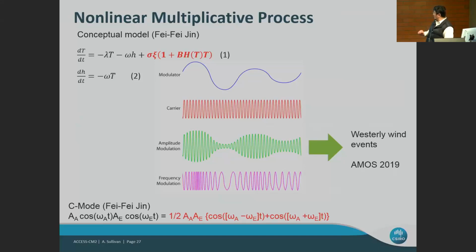Somehow the animation is not working, but anyway. And the other thing at the bottom, the C mode, is what Fei recently introduced. He took the signal multiplied by cosine to represent atmosphere noise, and he called this a sinc function. But from here, you can see this is also an amplitude modulation.